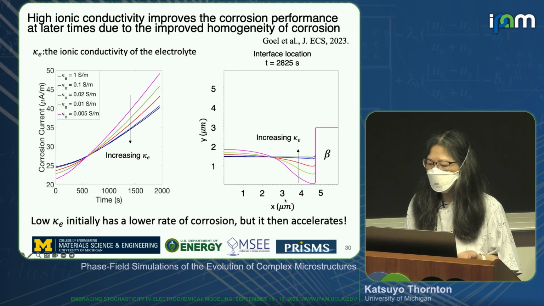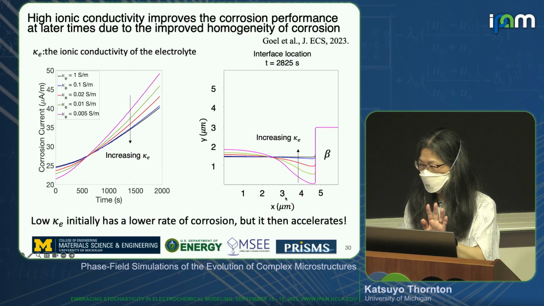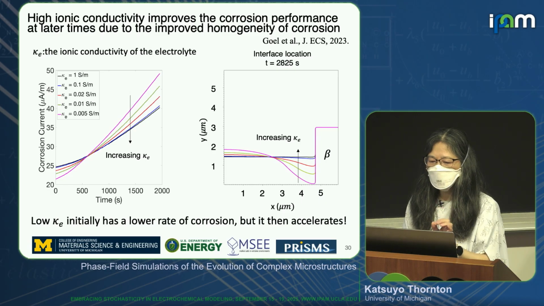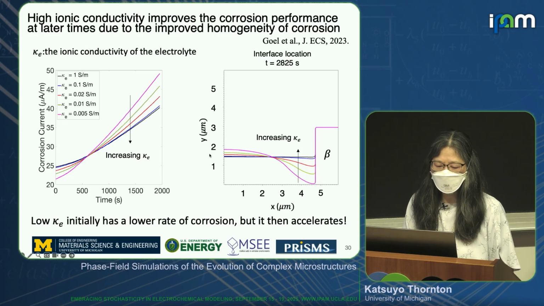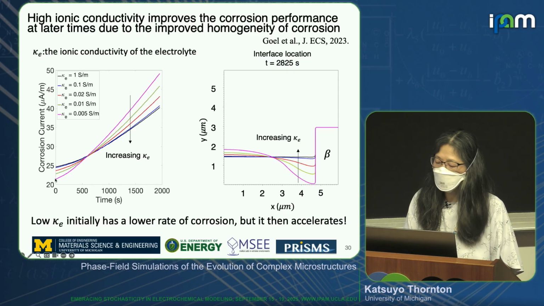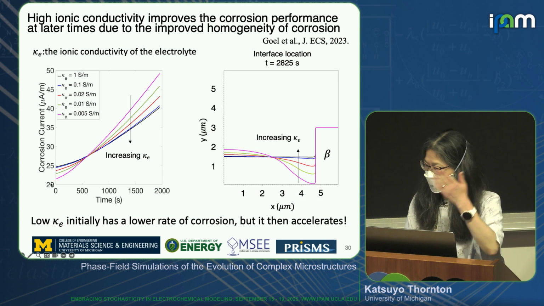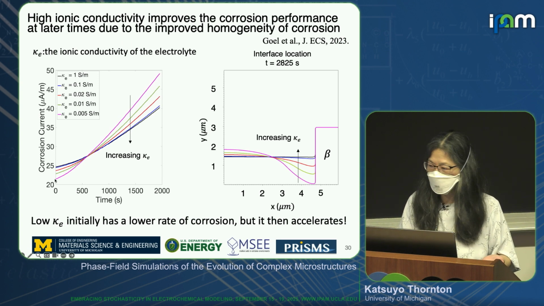Except we kept the same microstructure, but we changed this model parameter. So initially, the lower conductivity case has lower corrosion current. So at least initially it looks great, right? It's a lower corrosion current. That's better.